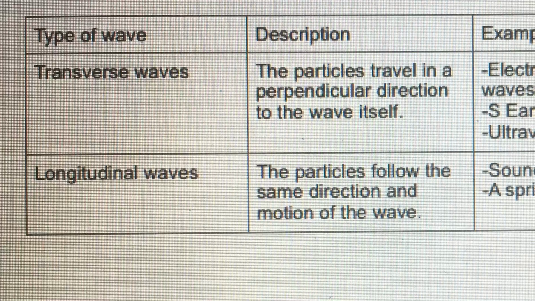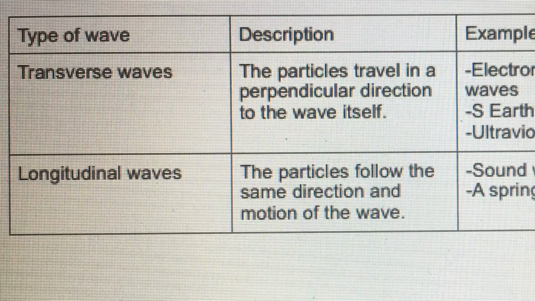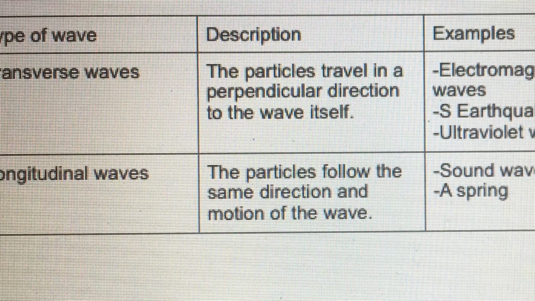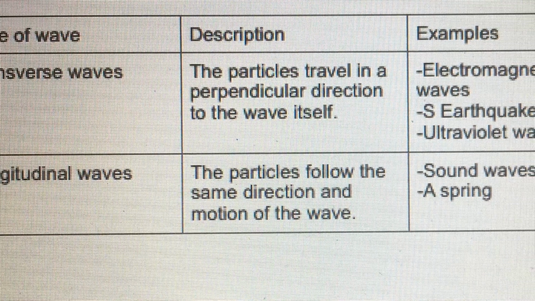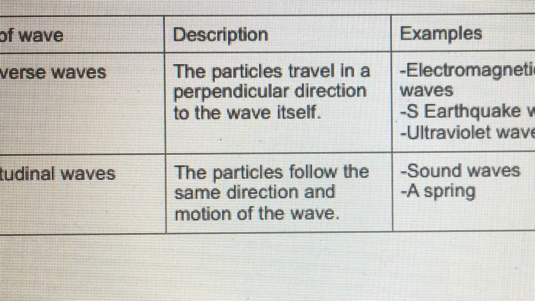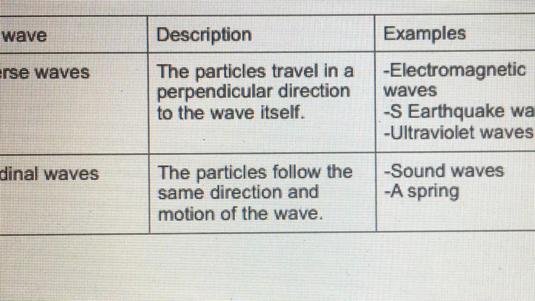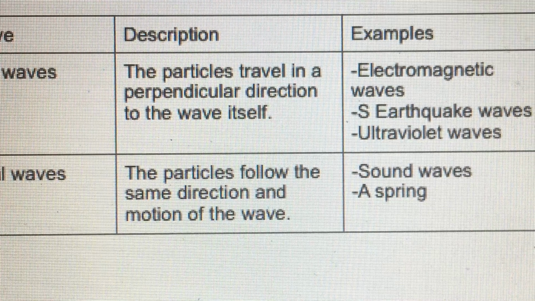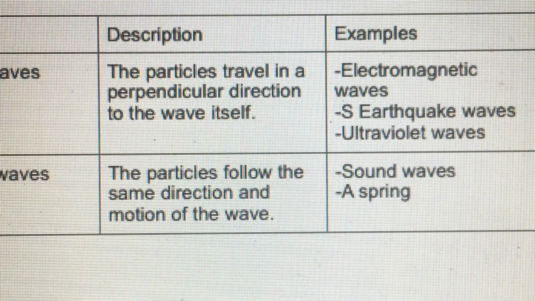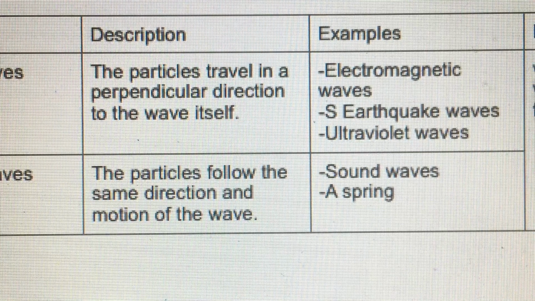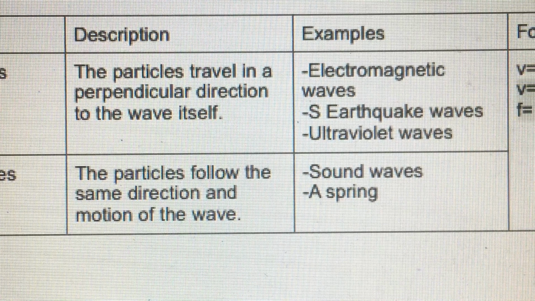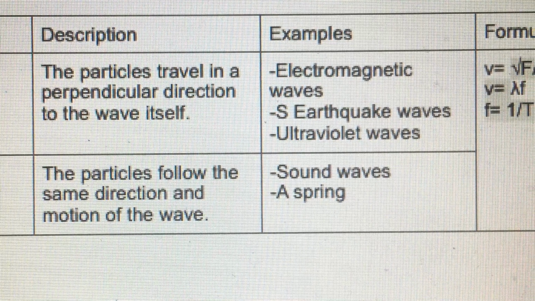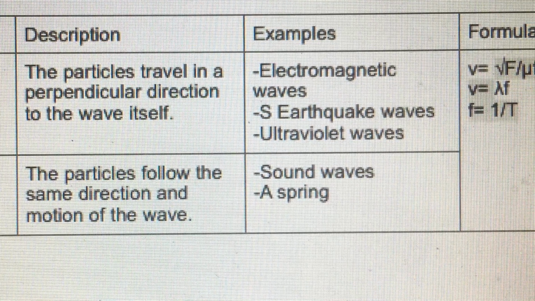Point 5 and 6. We made a chart that describes the differences between longitudinal waves and transverse waves. As we mentioned before, the difference is that transverse waves go perpendicular to the movement of the wave, and in longitudinal waves, the particles go in the same motion and direction of the wave.